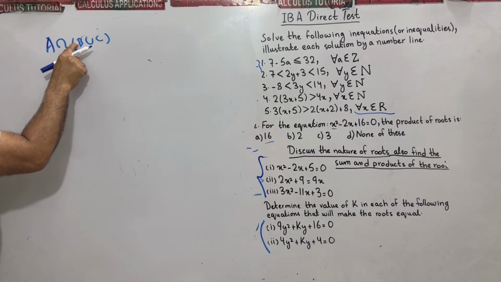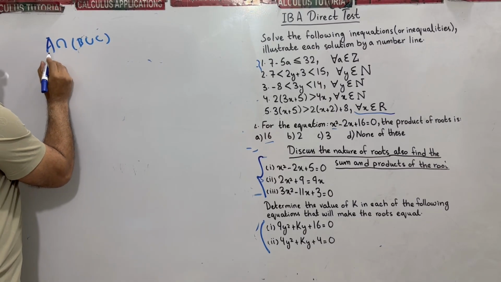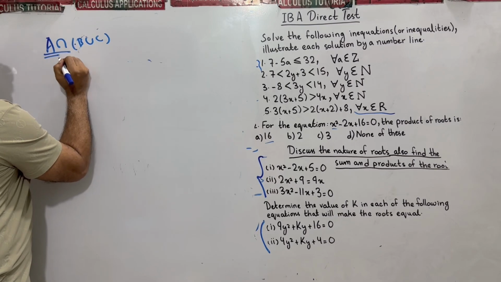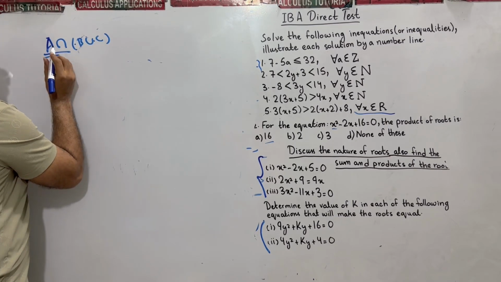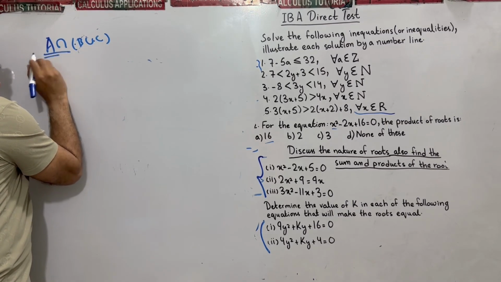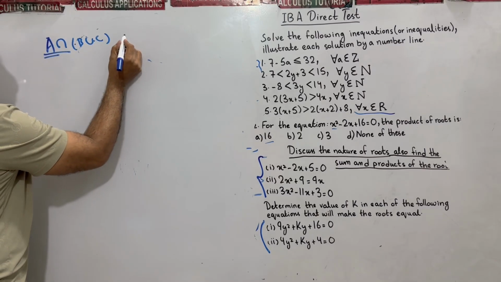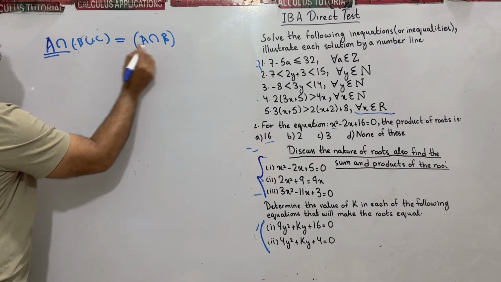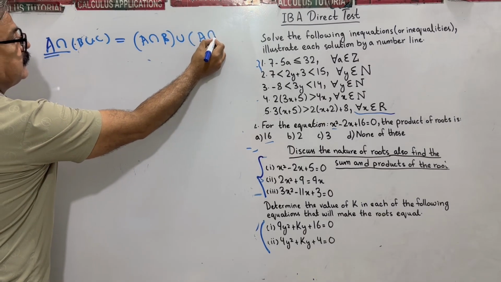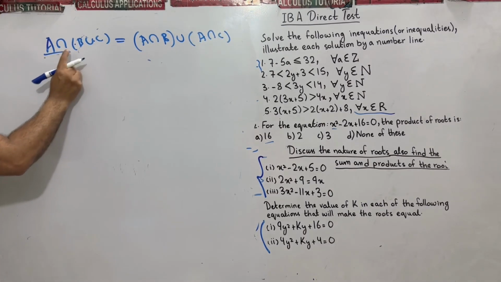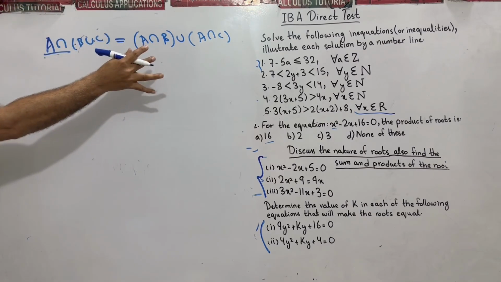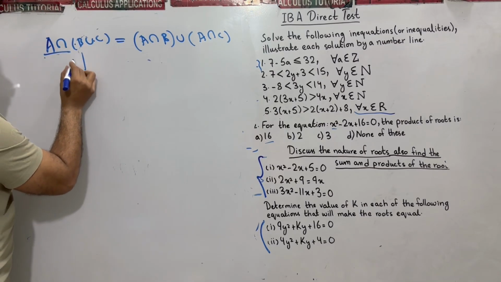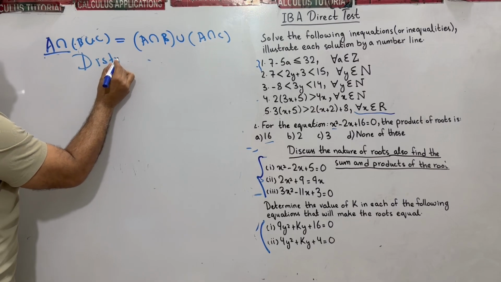Multiply A intersection with B as well as C. Write this portion A intersection in front of B as well as C. It's equal to A intersection B union A intersection C. The rest remains the same. Distributive law of intersection over union.